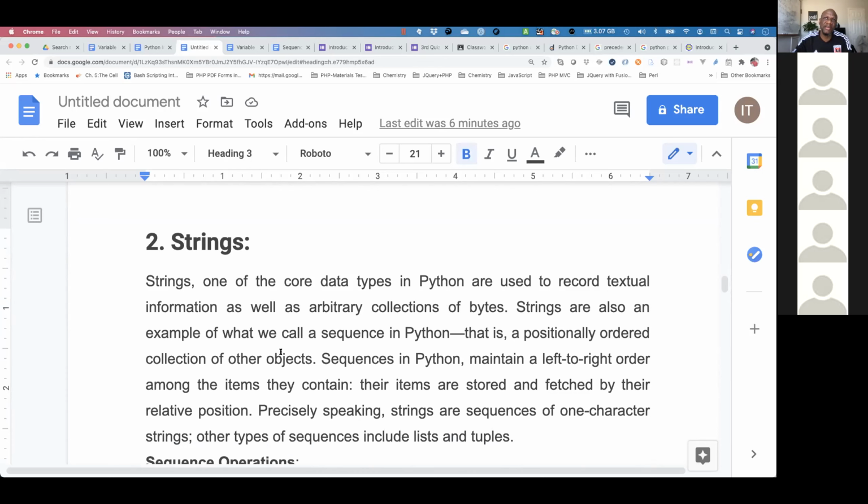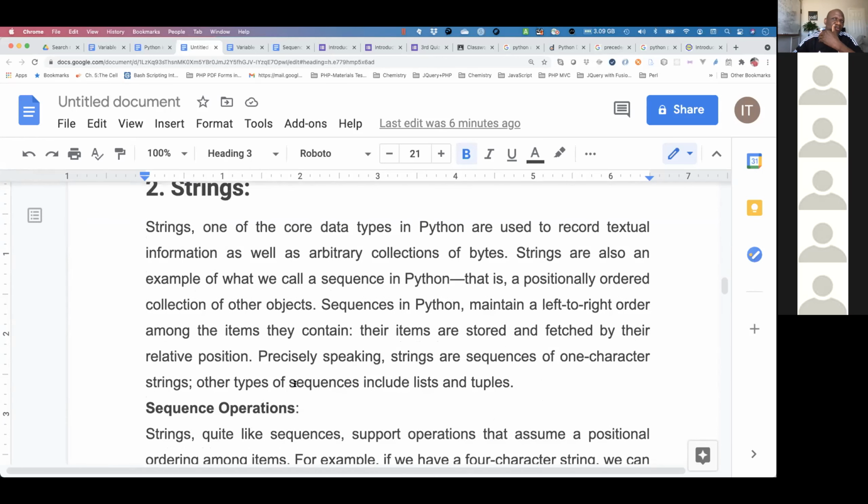Another data type we have is the strings. One of the core data types in Python, they are used to record textual information. Your name, my name, your address, your phone number, all will make a string. Strings are also an example of what we call a sequence in Python, that is a positionally ordered collection of alphanumeric characters. Sequences in Python maintain a left to right order, like the way we normally write, though it depends on where you live. In Arab countries, I think they write from right to left, but it is still a string.